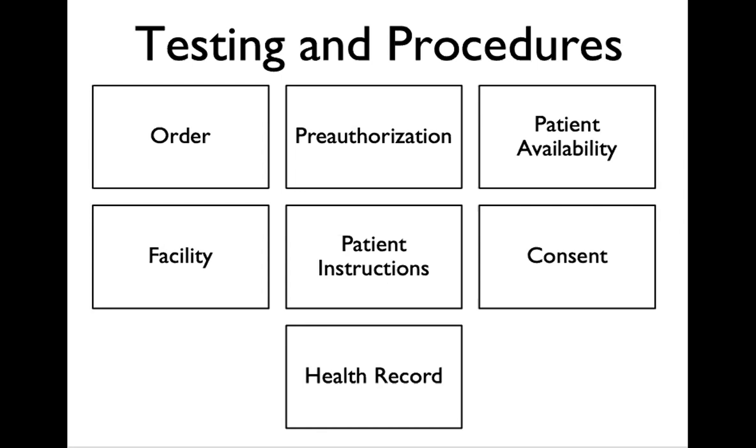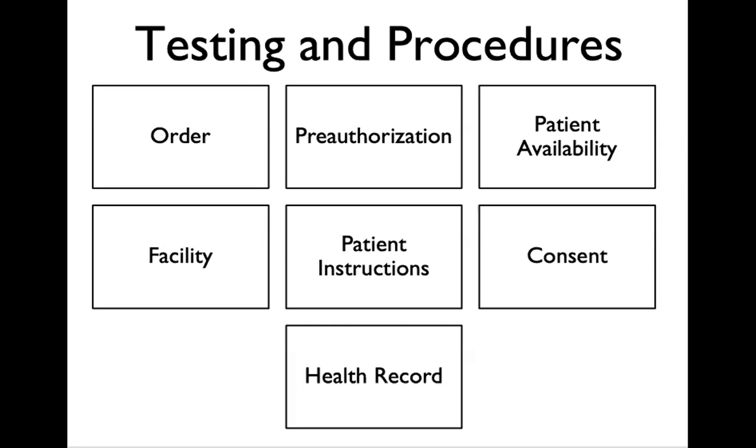When we get the service pre-authorized, we will also learn what facilities the patient can have that procedure done at. And not all facilities are going to be in that patient's network. So we have to make sure that the patient is available, the facility is available, and then we go through the steps to order that test.